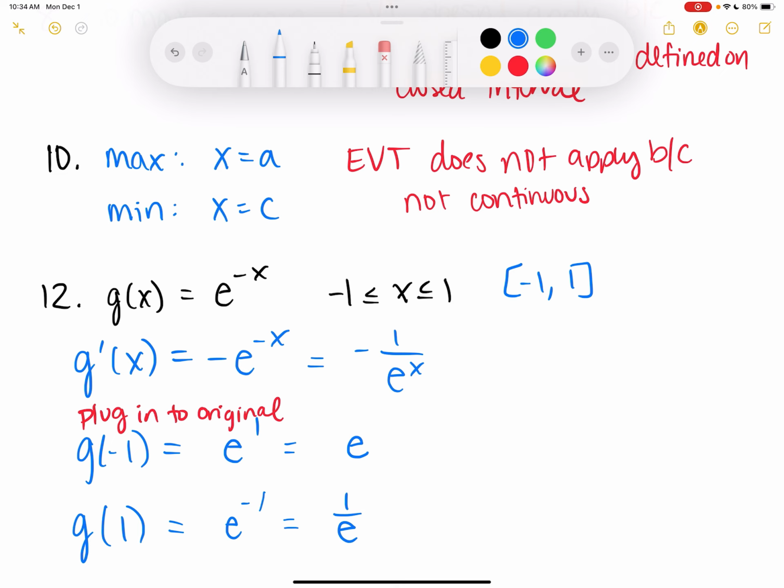No, I do need this. Okay. So let C be an interior point of the domain of f. Then f has a local max at C if f of x is less than or equal to f of C for all x in some open interval containing C. It's a local min at C if and only if f of x is greater than or equal to f of C for all x in some open interval containing C.